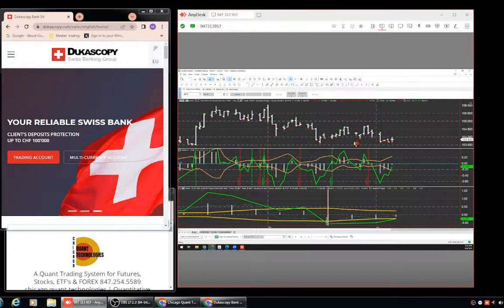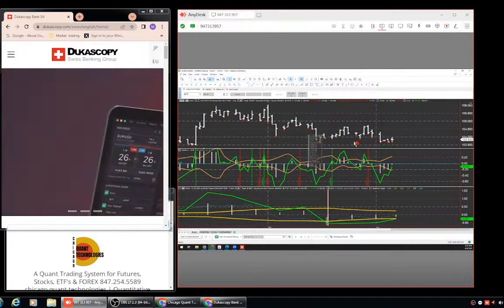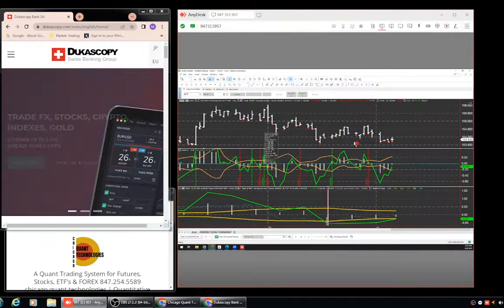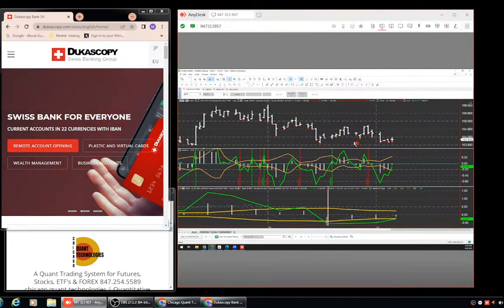When it goes underneath the zero line, it's bearish. When it goes across the zero line on the upside, it's bullish. Back here it was bullish, here it was bearish. It drifts down for about 6-7 days, you get a little buy signal there, and it goes in and out for one day.